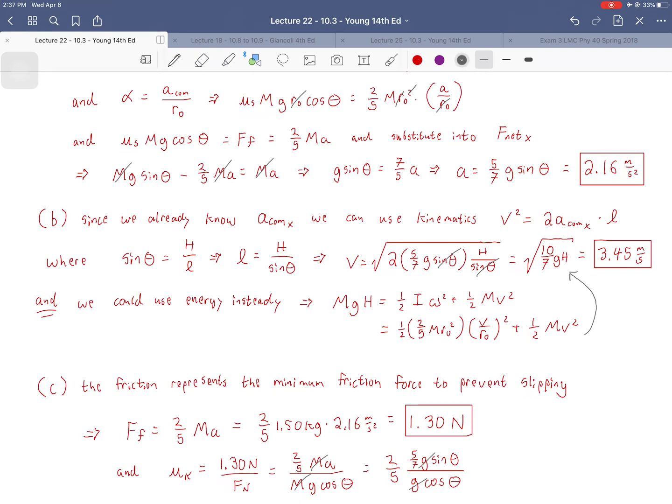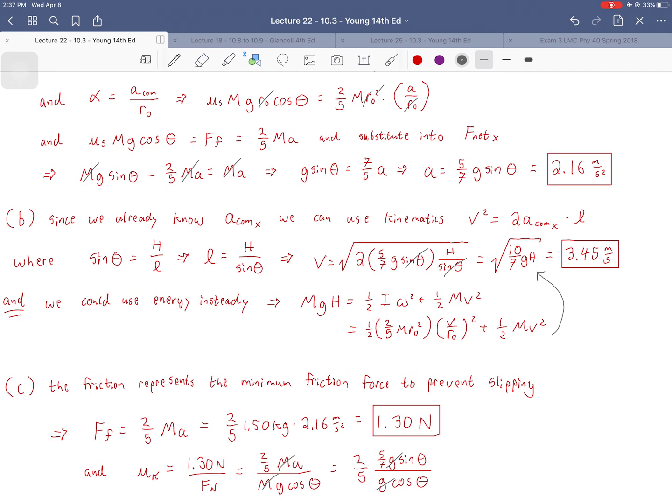So we can see the gravity cancels, which it should, because the friction coefficient should work regardless of gravitational acceleration. And so then we end up with a tangent, and I got 2/5 times 5/7. Nice, so the 5's cancel, so this is 2/7 tangent theta.